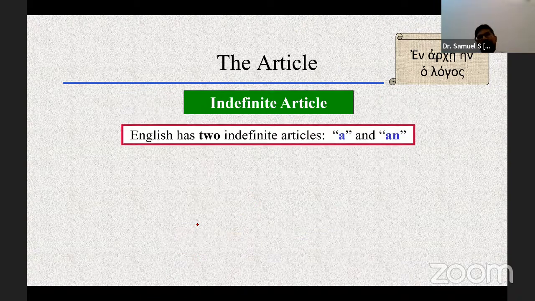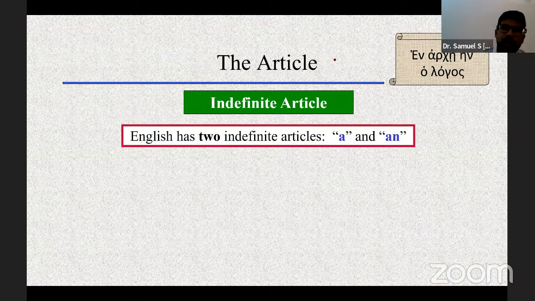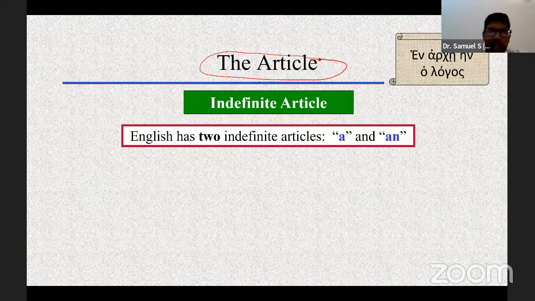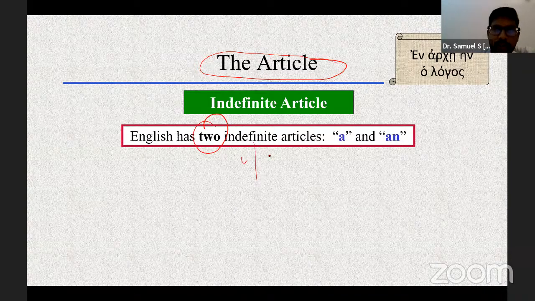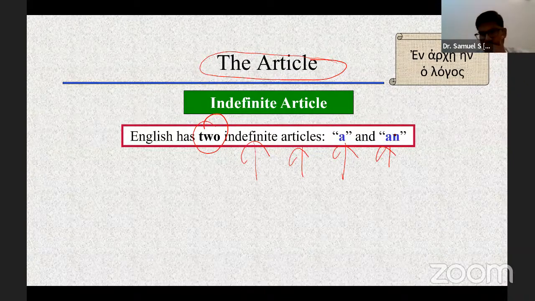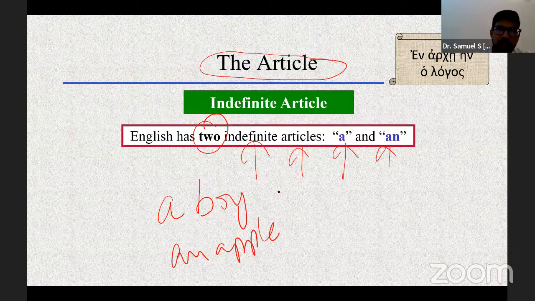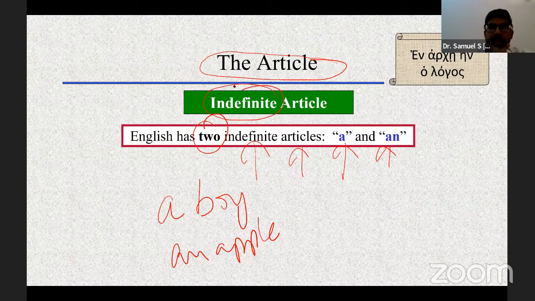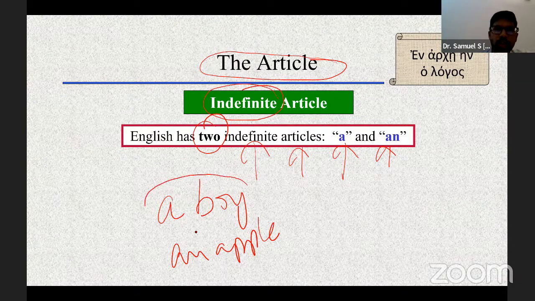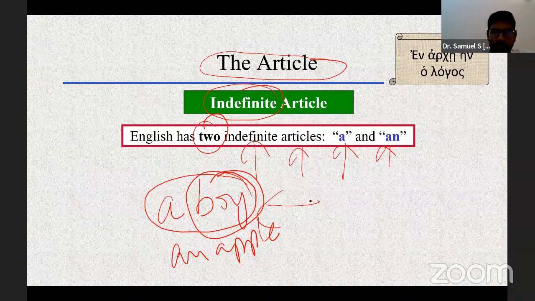Okay, now let's get to the article. In English, there are two indefinite articles, a or an, right? A boy, an apple. And the indefinite article tells us that the boy is not someone definite.